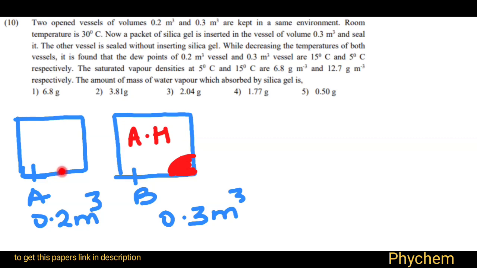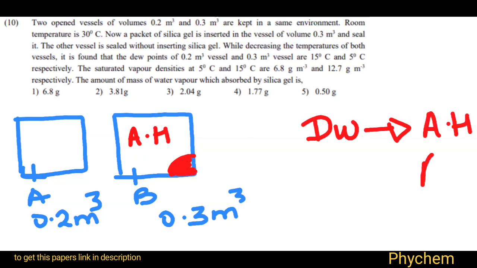The dew point of an environment depends completely on its absolute humidity. When the absolute humidity is high, the dew point temperature is also high. When the absolute humidity is low, the dew point temperature goes down. That is what they are telling us as well.